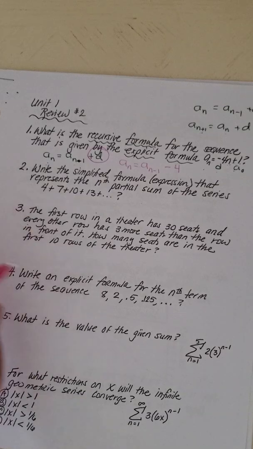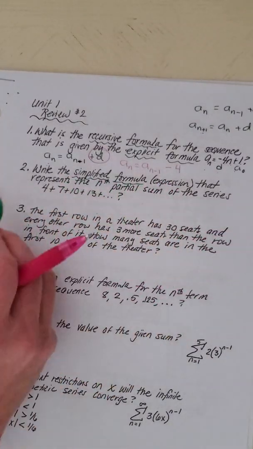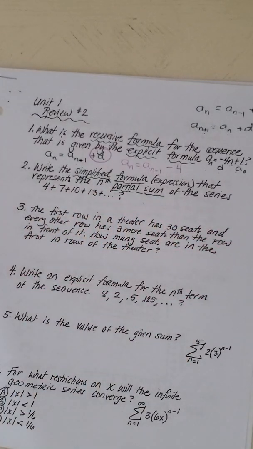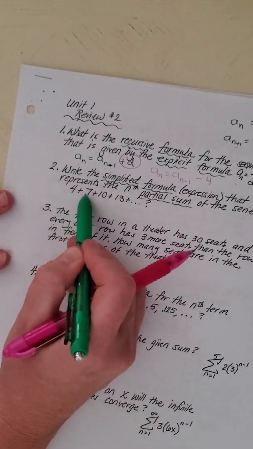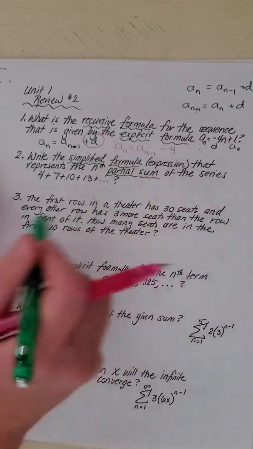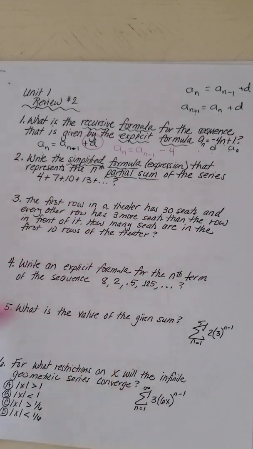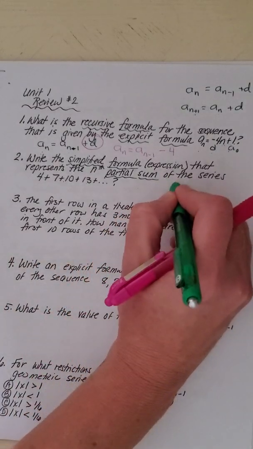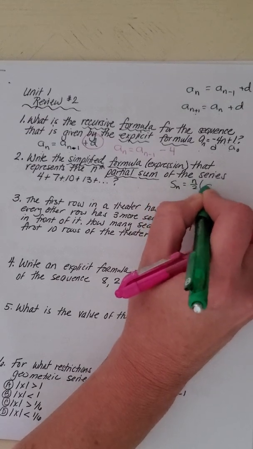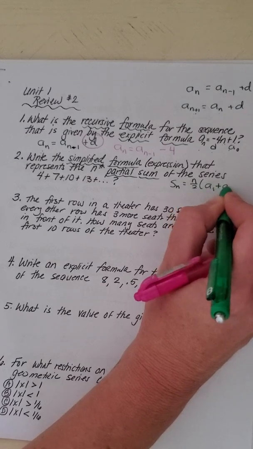For number 2, it says write the simplified formula that is the representation for the nth partial sum of the series 4 plus 7 plus 10 plus 13. For the partial sum of an arithmetic series, there's two formulas we can choose from. One is s sub n equals n over 2 times a1 plus an.